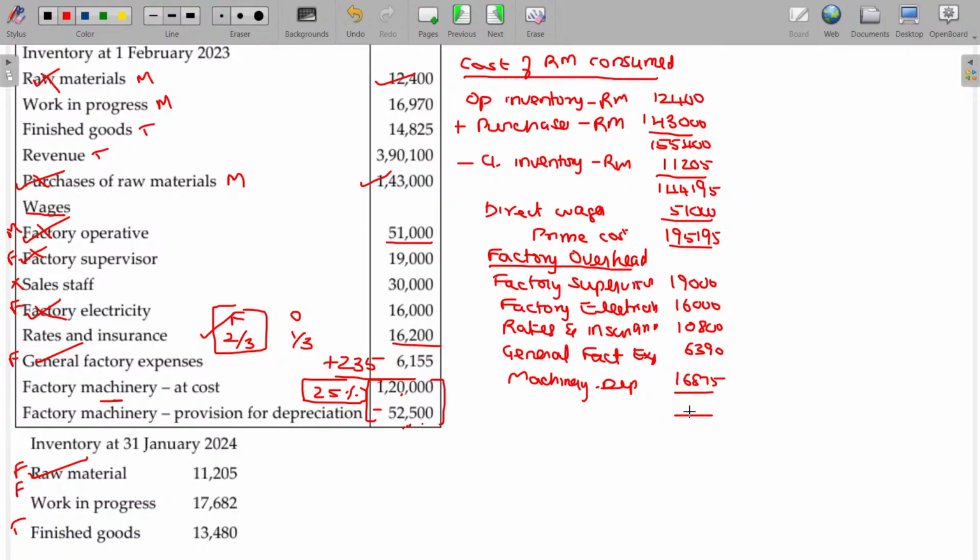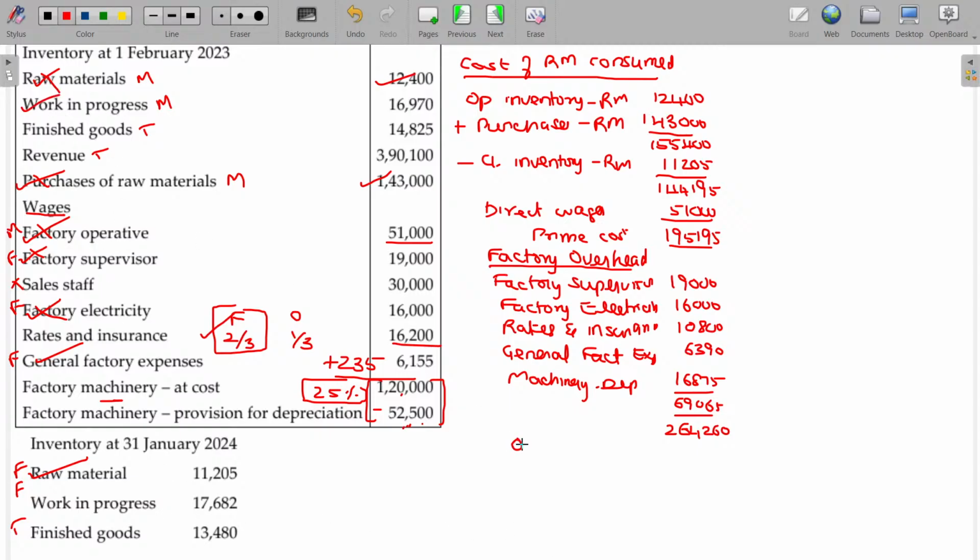The total factory overhead being 69,065. If you add this up with the prime cost, the total value being 2,64,260. Now you have to add and subtract the work in progress stock, inventory.